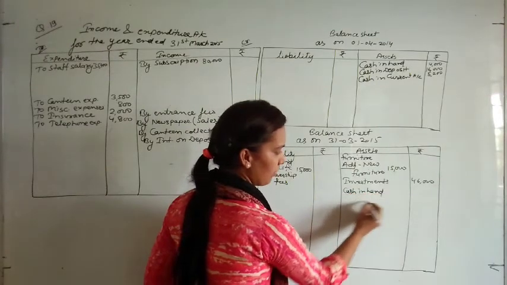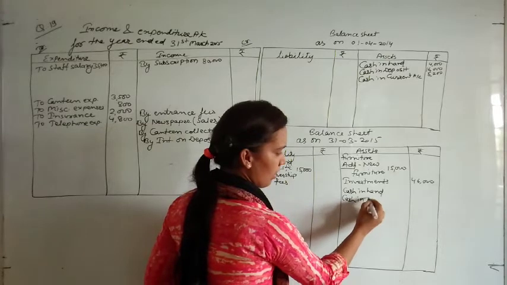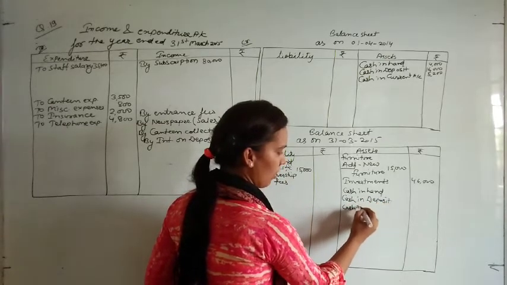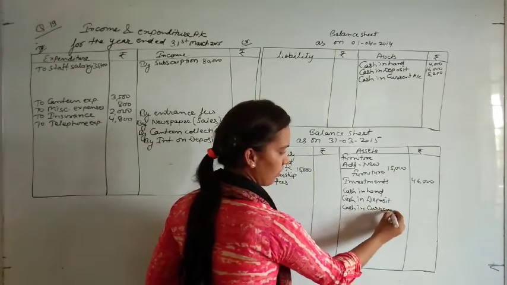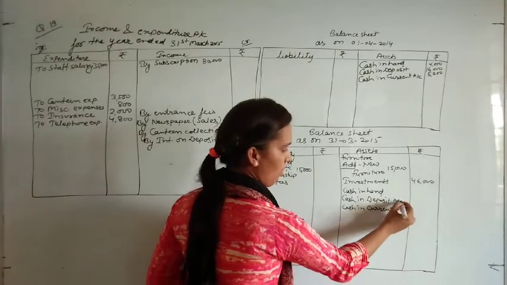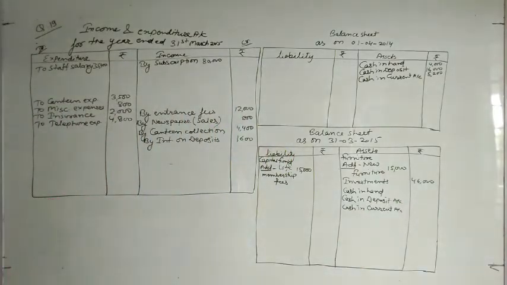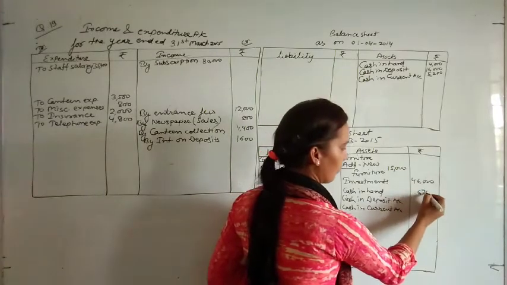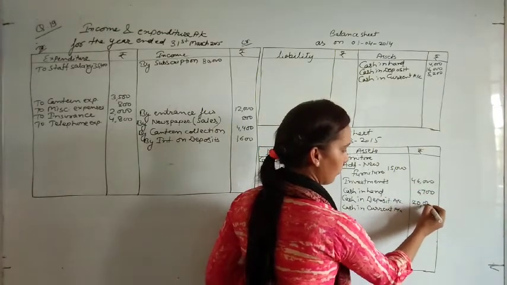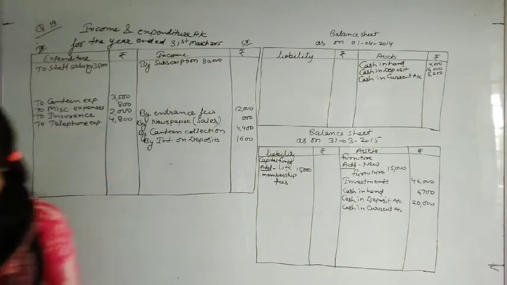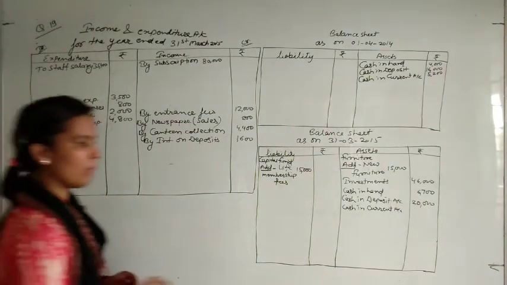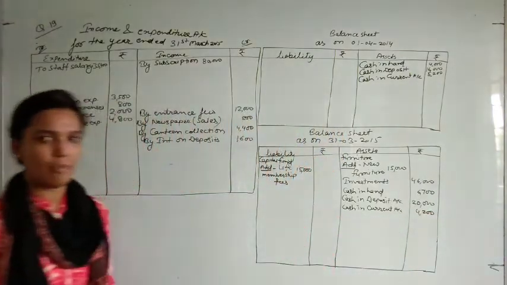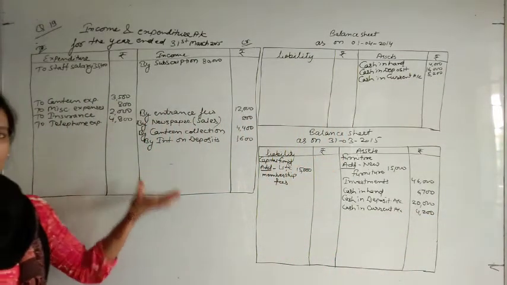The amounts of these three points are 6,700, 20,000 and 4,200. So now these informations are completed that were given in the receipt and payment account.